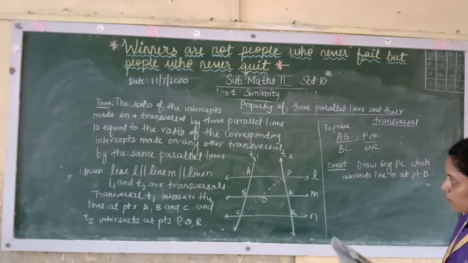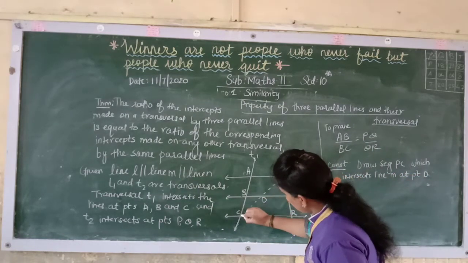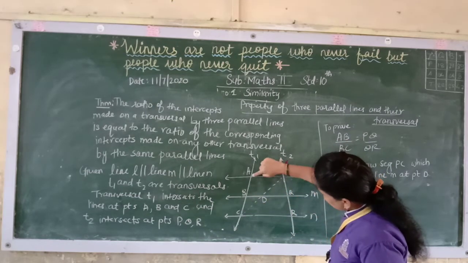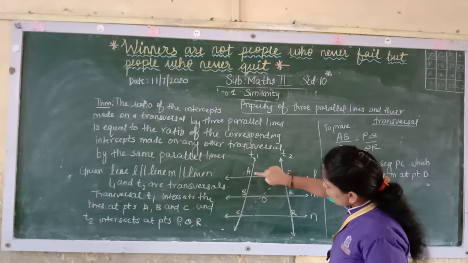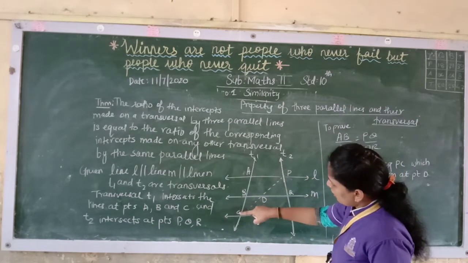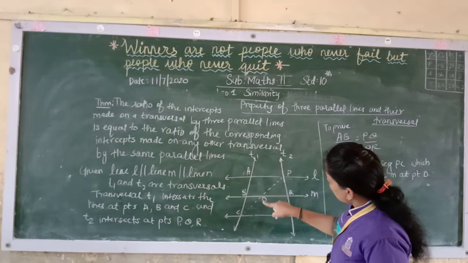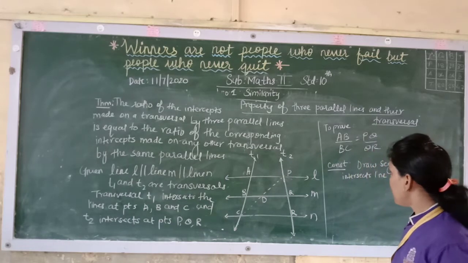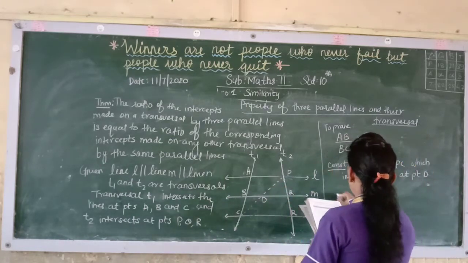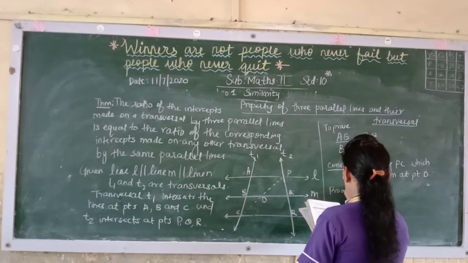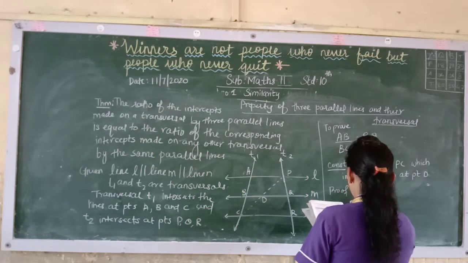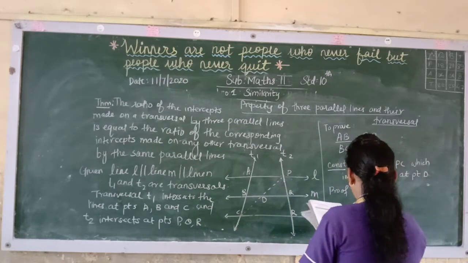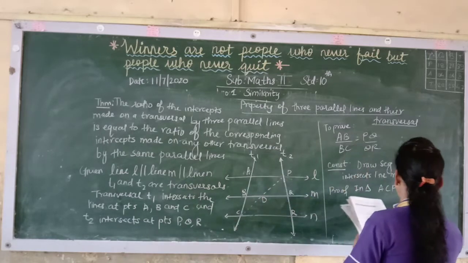Now consider two triangles over here. In triangle ACP, you will find these two lines are parallel, so you get the basic proportionality theorem here. Write in proof: in triangle ACP, BD is parallel to AP.